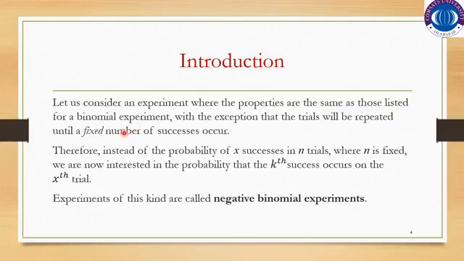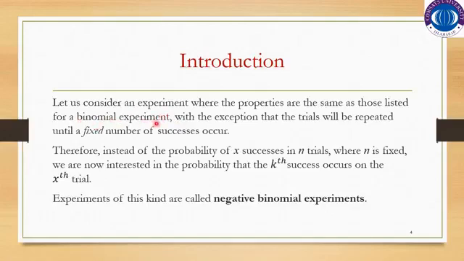As you recall the properties of the binomial experiment, number one was the experiment has two possible outcomes which are classified as success and failure. Experiment is repeated a fixed number of times. Each successive trial is independent and probability of success remains constant from trial to trial.